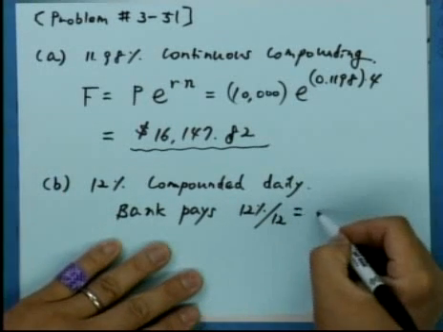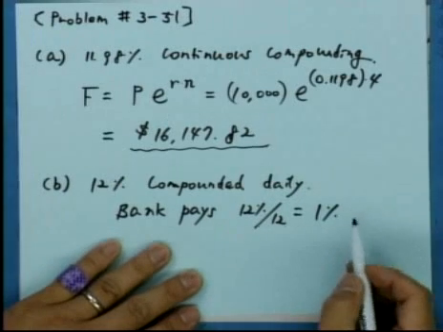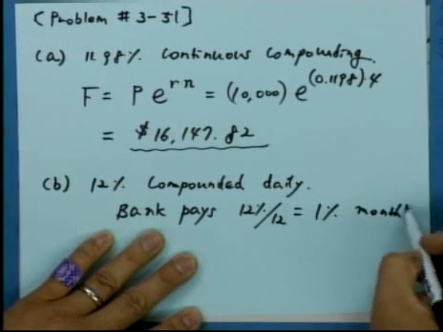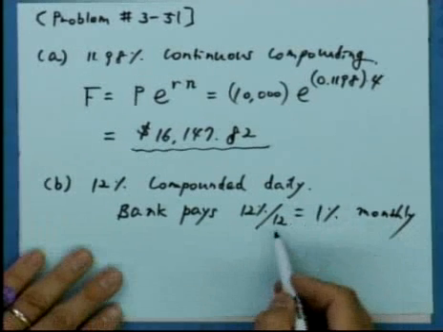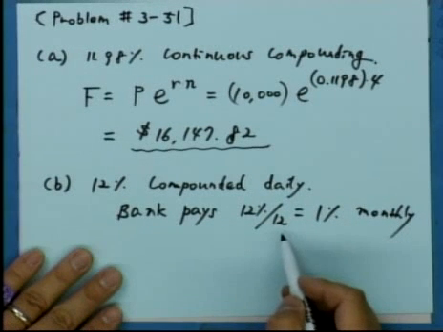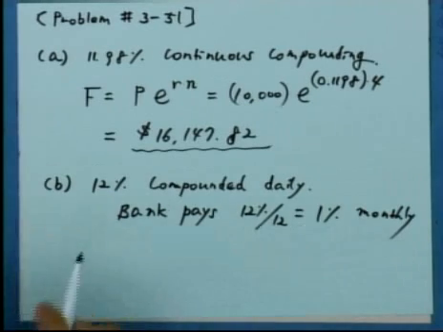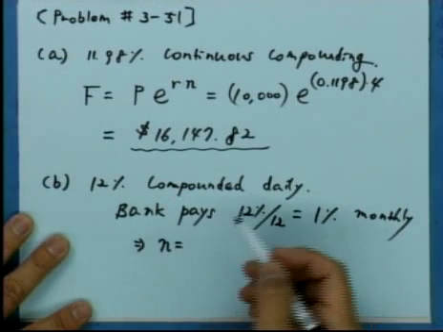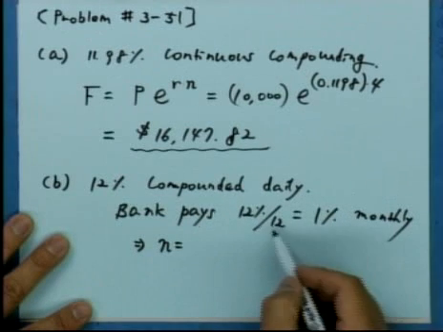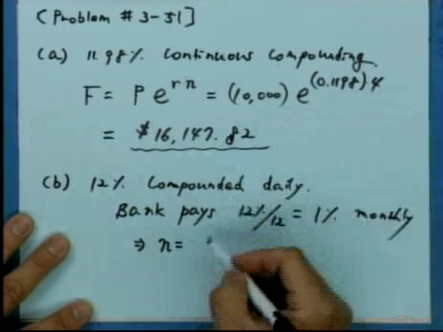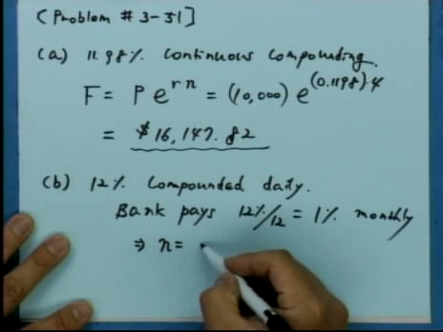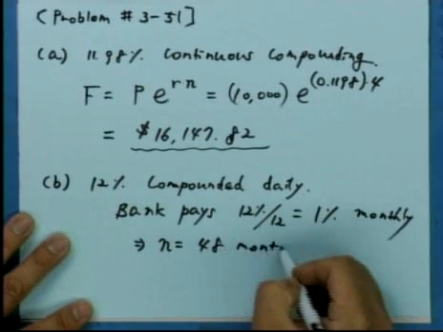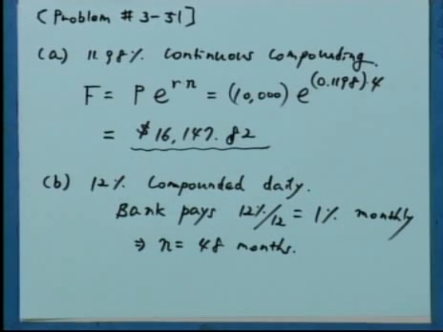Which is 1%. Bank pays 1% monthly. We divide by 12 because there are 12 months in a year, right? So in such case, N would be 12 times 4 years, which is 48 months. Okay?